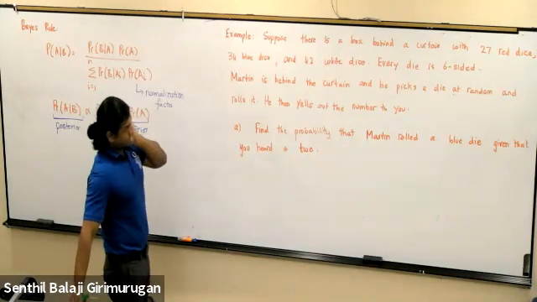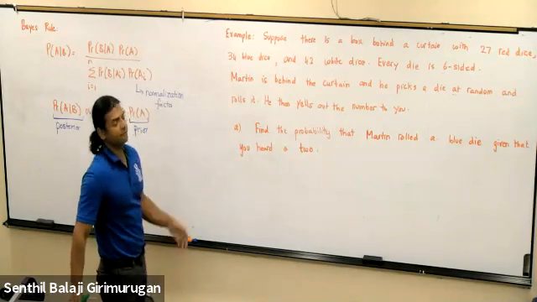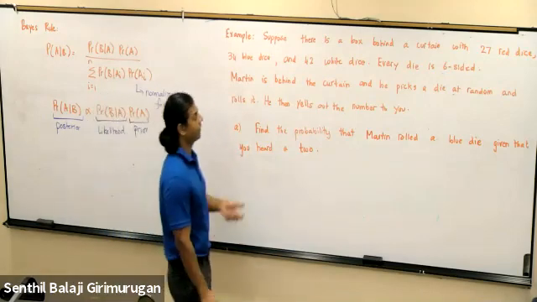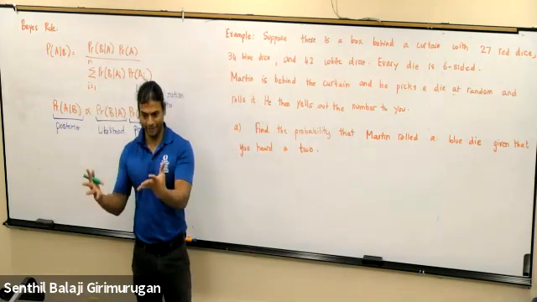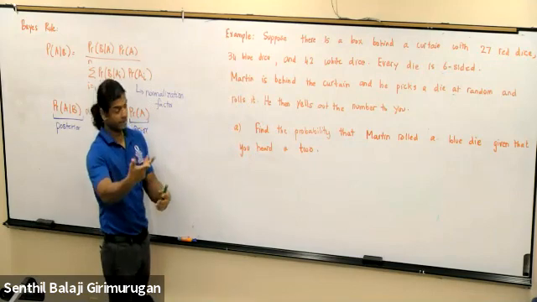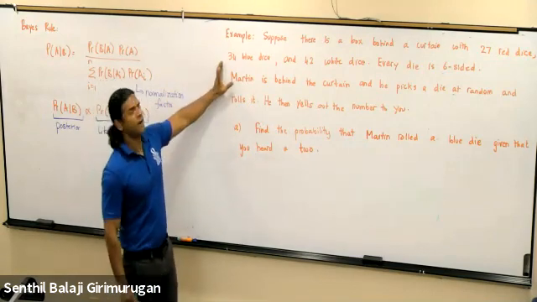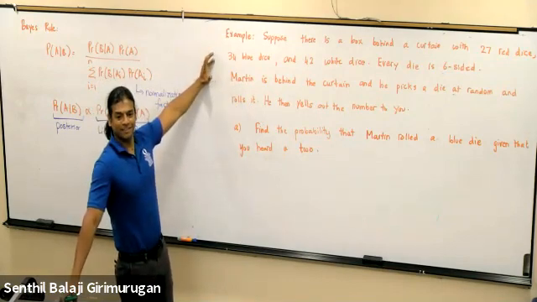Suppose there's a box behind the curtain and we have 27 red dice, 30 blue ones and 42 white ones. Every die is 6-sided, so the probability that you get a 2 is 1/6. So Martin, I don't know why I picked that name, but is there a Martin in this class?